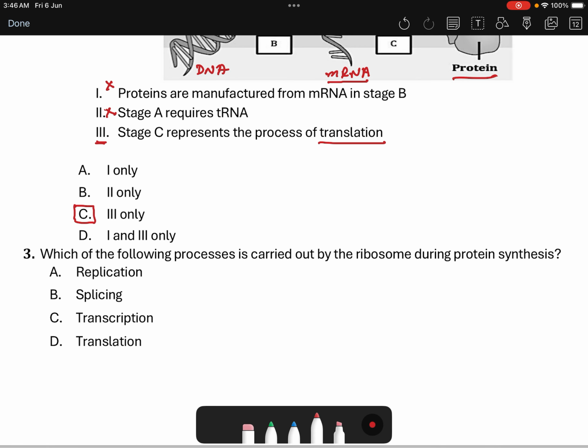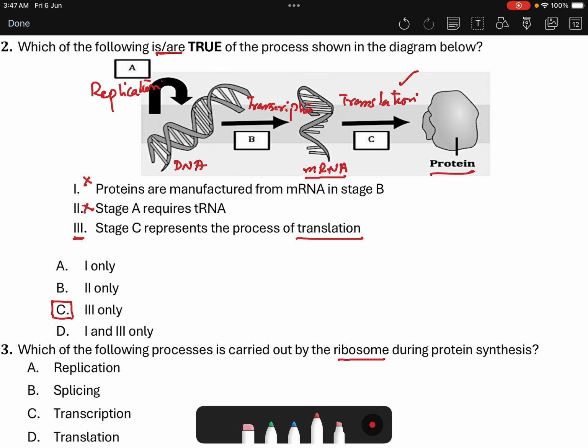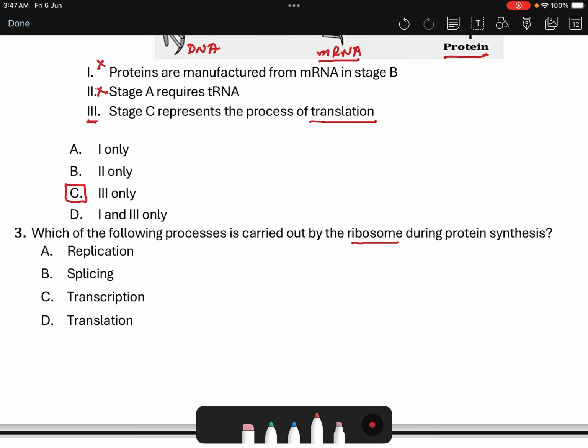Which of the following processes is carried out by the ribosomes during protein synthesis? So what do ribosomes do? So ribosomes are involved over here. This is the most important stage, that is C, that we studied, translation.